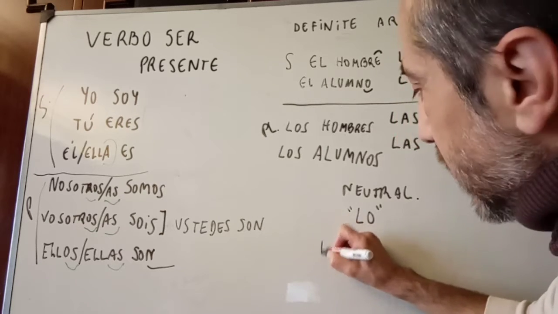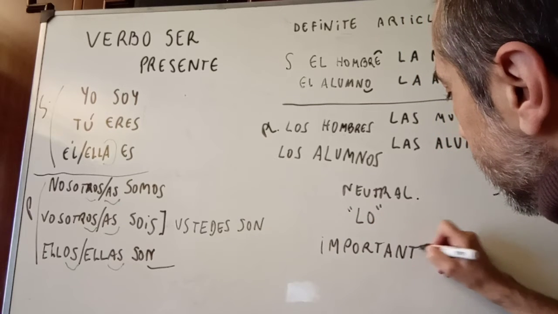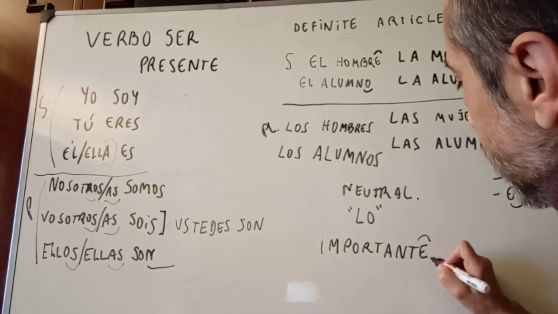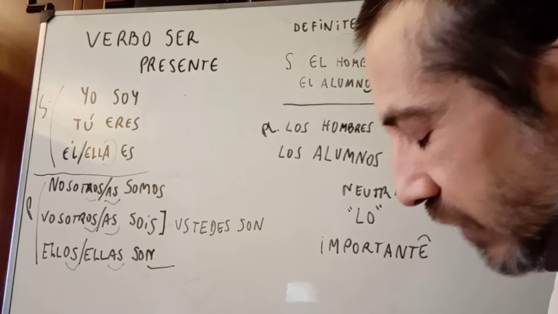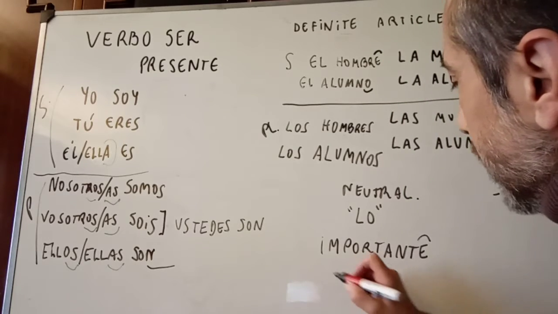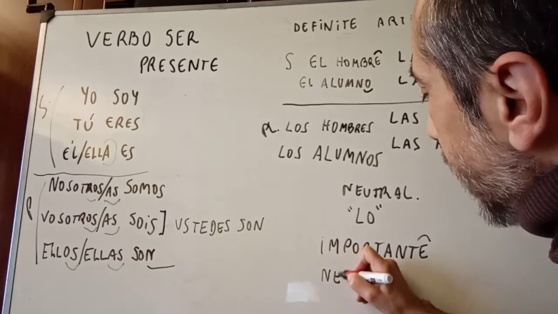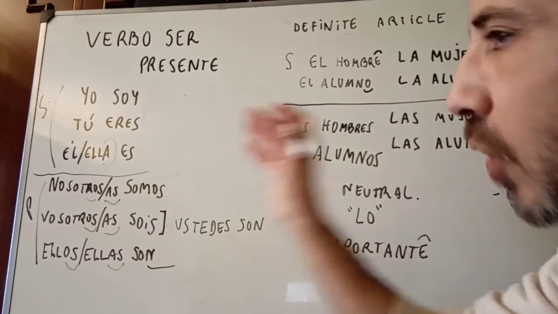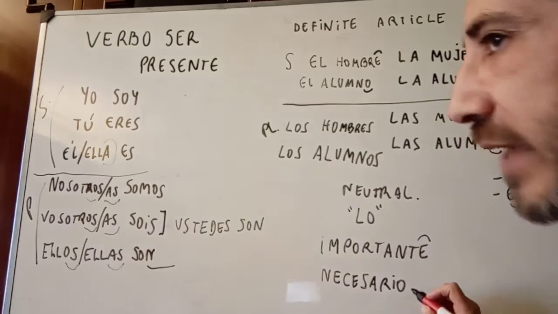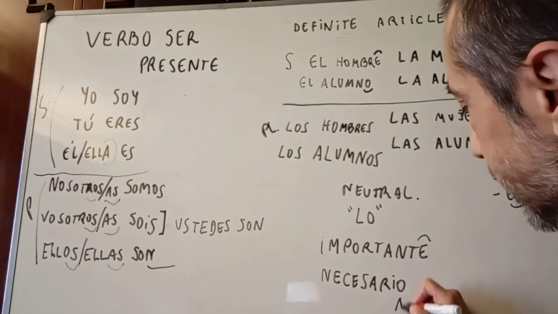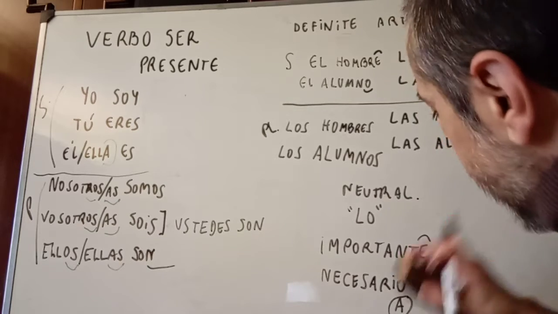For example, the adjective important, importante. It ends with e, so it's the same for feminine and masculine nouns, importante. Let's take another one which has the two O/A endings, necessary, necesario. We have the adjectives necesario and necesaria when we refer to the feminine gender.